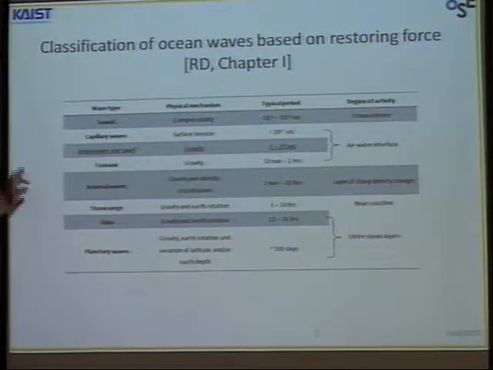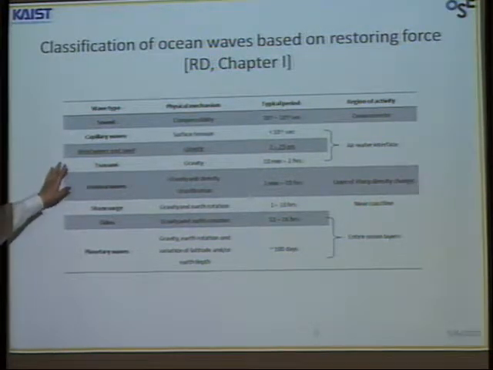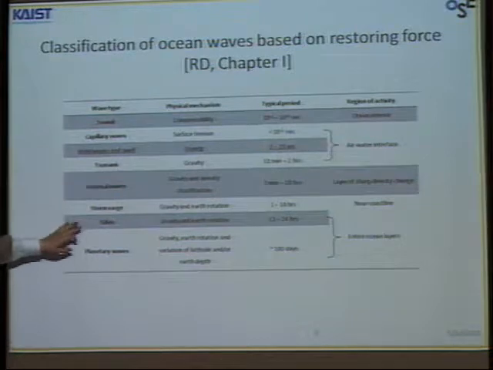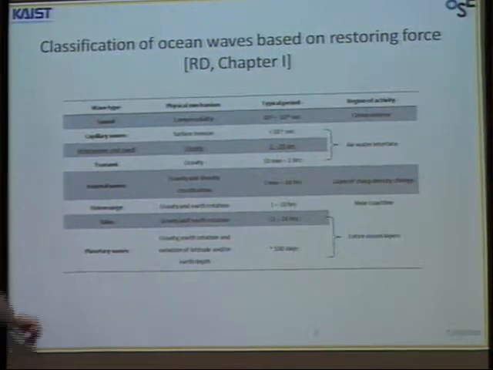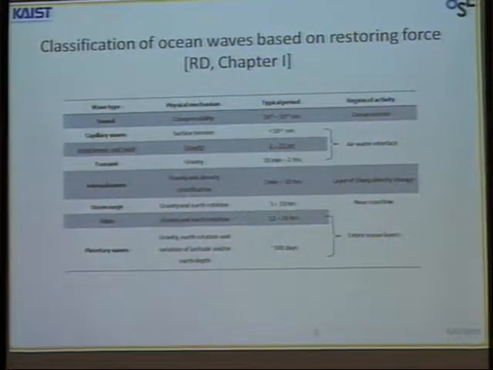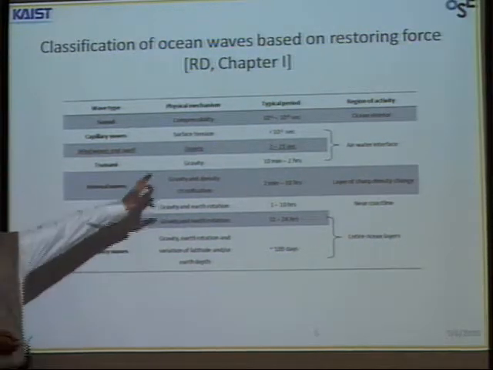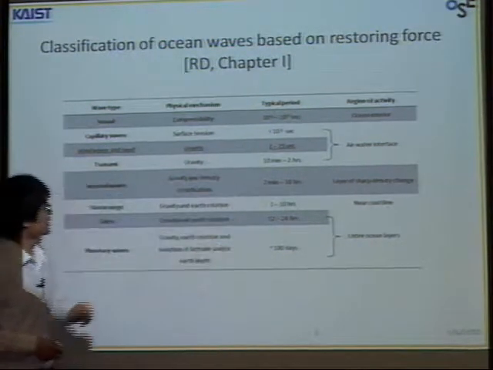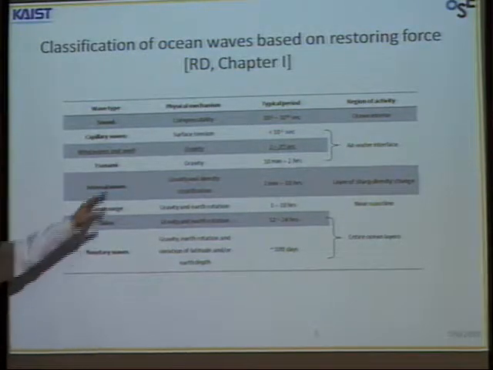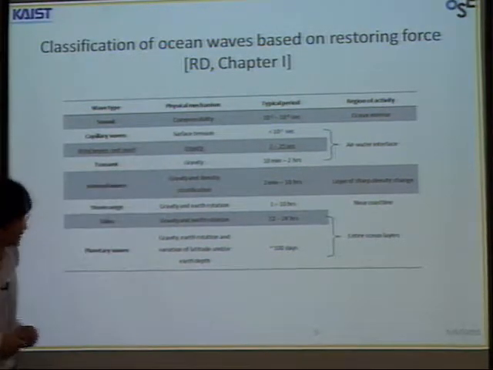We have sound, capillary waves, wind waves and swell, tsunami, internal waves, storm surge, tides, and planetary waves. The typical wave period is listed here, and the physical mechanism is here.